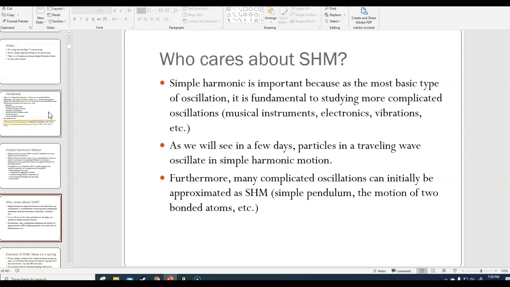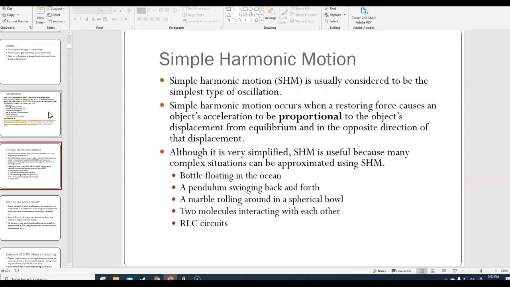Okay, now the example we're going to start with is just one example of how simple harmonic motion can arise. Remember, going back to the definition, you get this type of motion when you have, number one, a restoring force that causes an object's acceleration to be proportional to the object's displacement from equilibrium. This is the first requirement for simple harmonic motion.